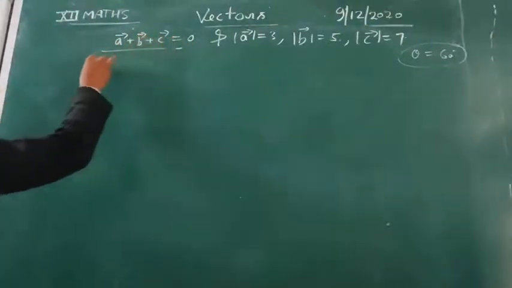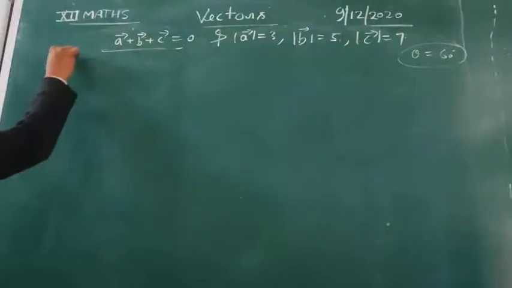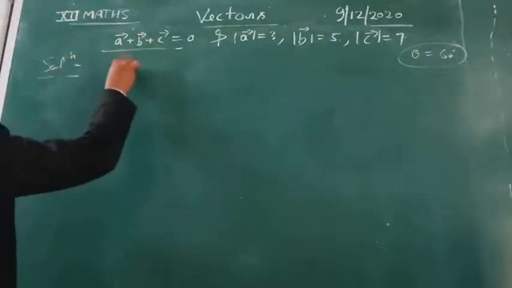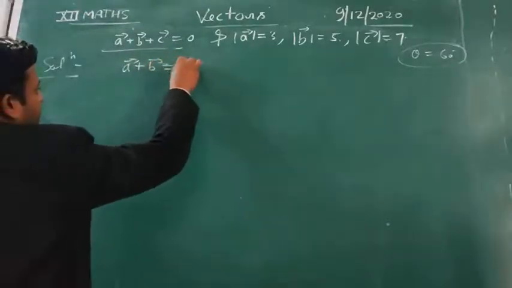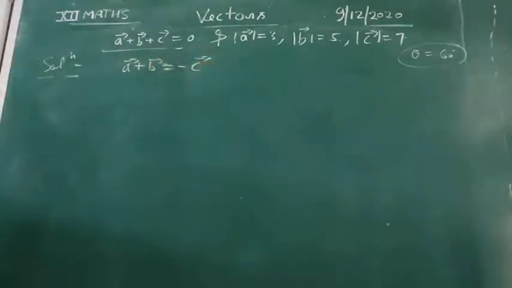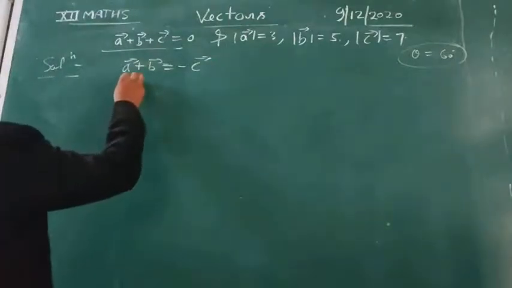So we will take this. Our solution: A plus B is equal to minus C. Okay, student, we can write this. Now we will square both sides.